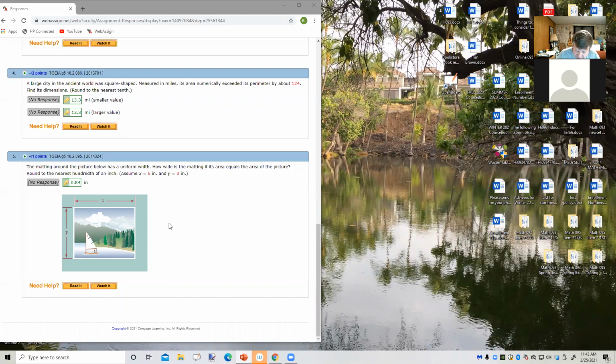So if x is 6 inches, that means from here to here. I'm drawing a picture and then I'll put the picture up there. And y is 3 inches, so from here to here. And it says round to the nearest hundredth of an inch. So again, we're probably not going to get nice numbers.